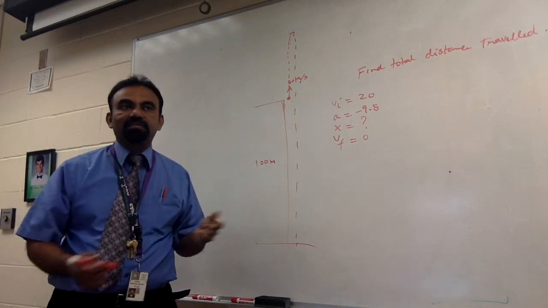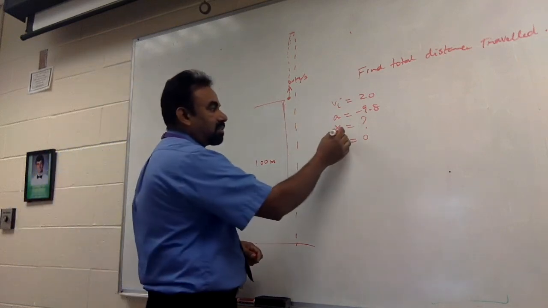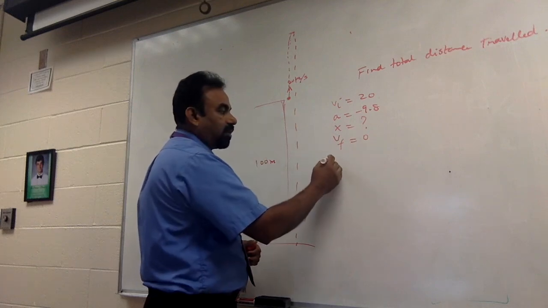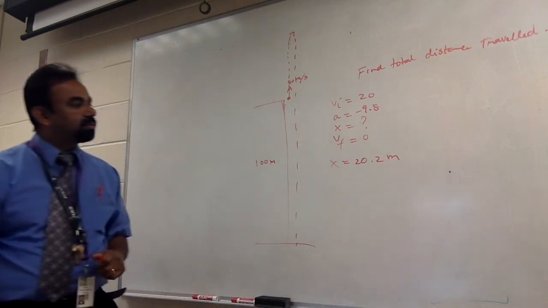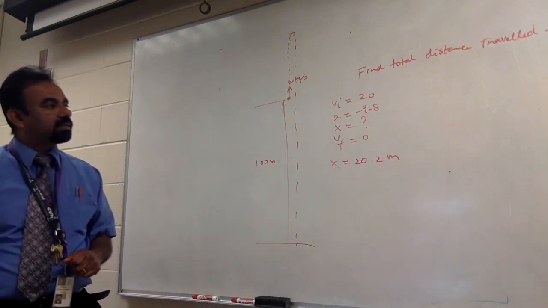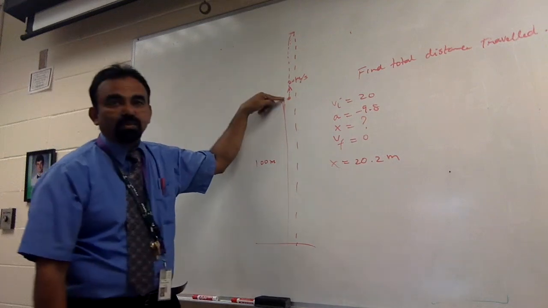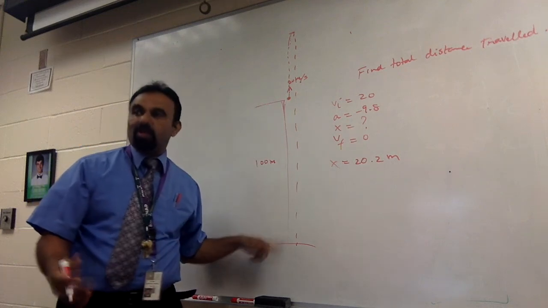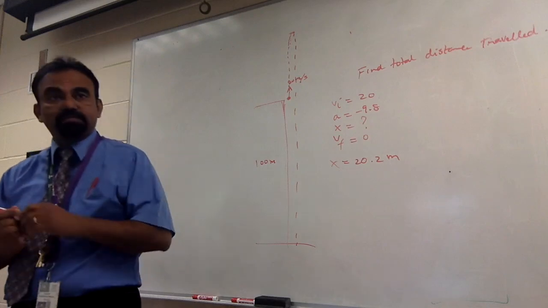But the question is, what is the distance traveled? Find the distance here. What do you get? 20.2. So 20.2 meters it went up. It has to come back another 20.2, so 40.4. And then another 100. So 140.4 is the total distance traveled. You get it?